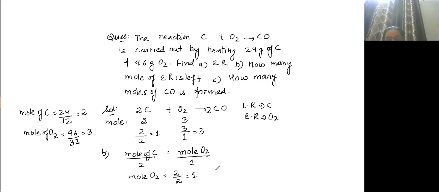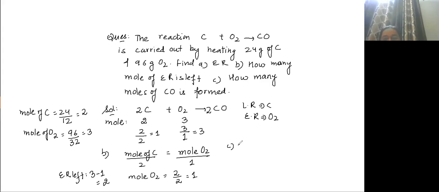So what is ER left? ER left will be: 3 moles are total and only 1 is reacting. So remaining is only 2 moles.